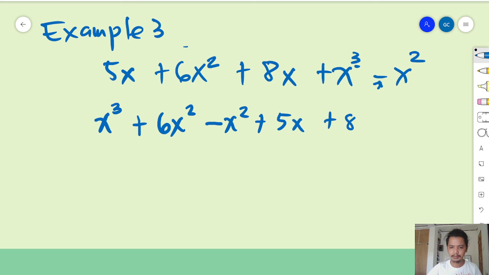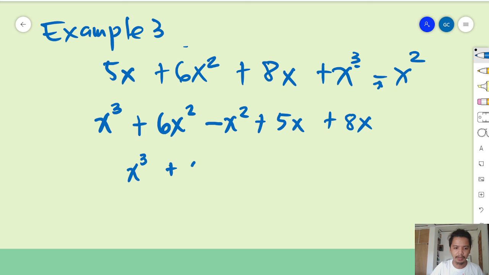Hanap lang tayo ng iba pa. 8x. Okay, same dun sa nangyari kanina. Kung titingnan nyo, wala na namang kasamang x cubed. So, isusulat na lang natin siya. X cubed. Then, i-add na lang natin yung similar terms. Since ito ay negative tapos walang coefficient, that is understood to be negative 1. So, we'll have 6 minus 1, that is 5.